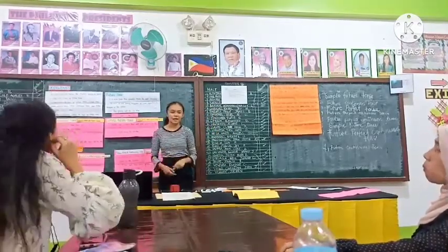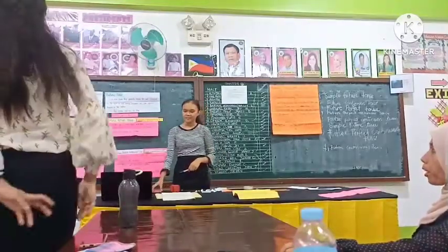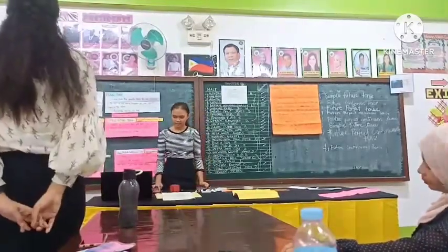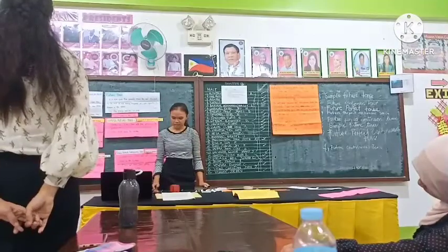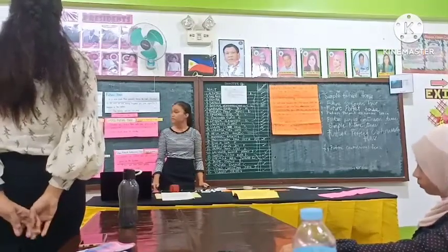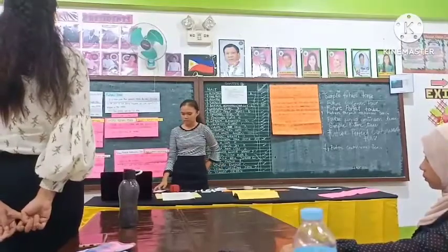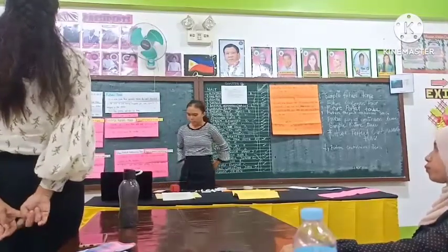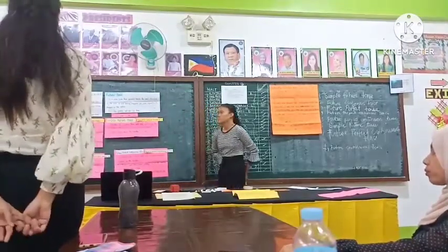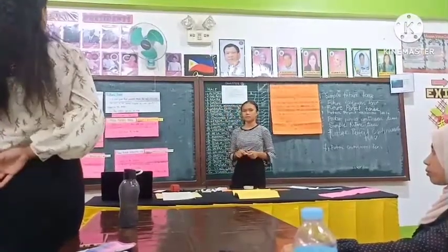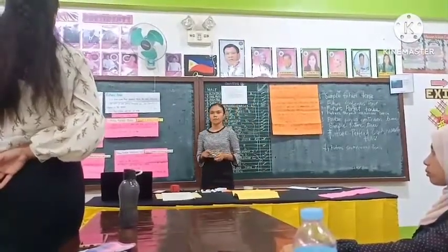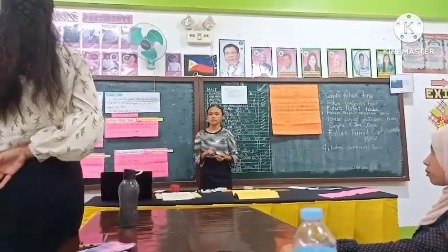Okay, Elijah, please stand up. The difference between simple future tense and future perfect tense is that simple future tense is an action that will take place in the future that expresses facts and certainty, and also simple future tense has the word will or shall.